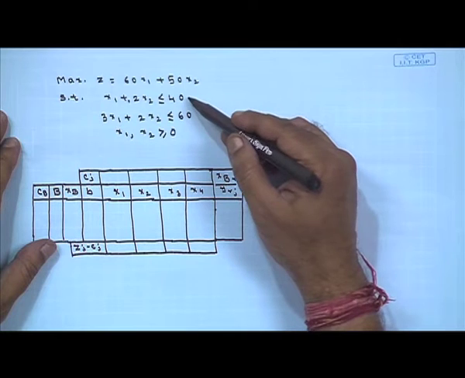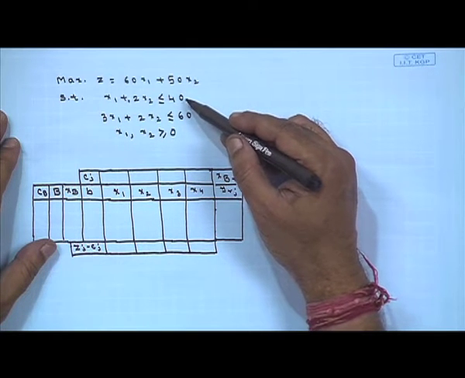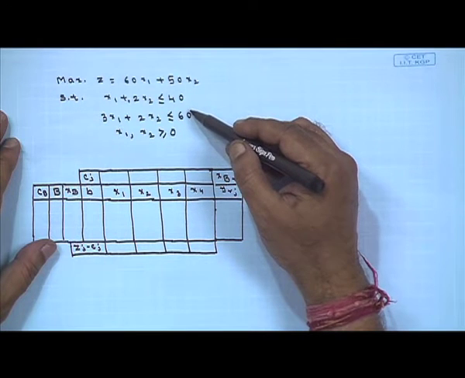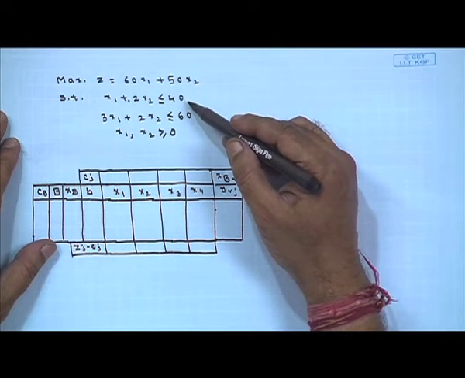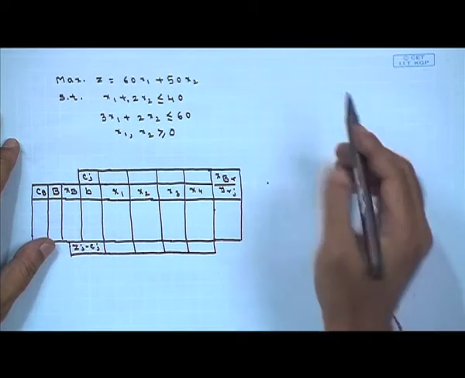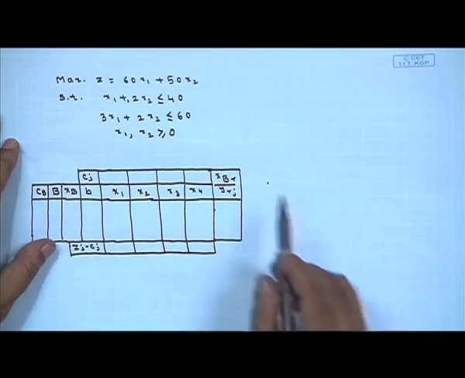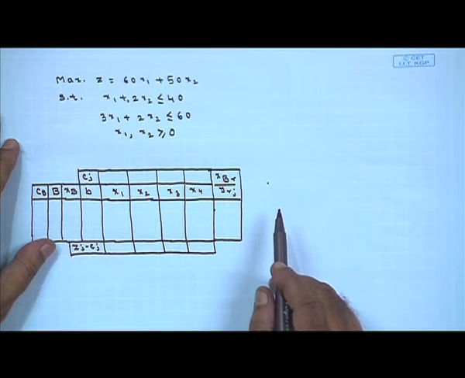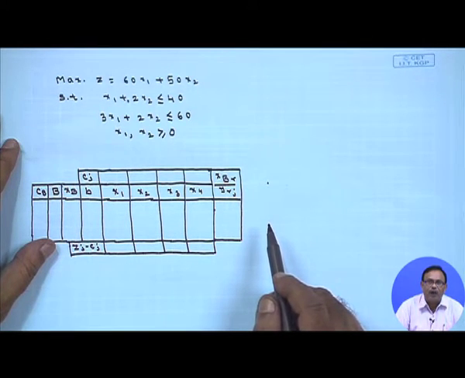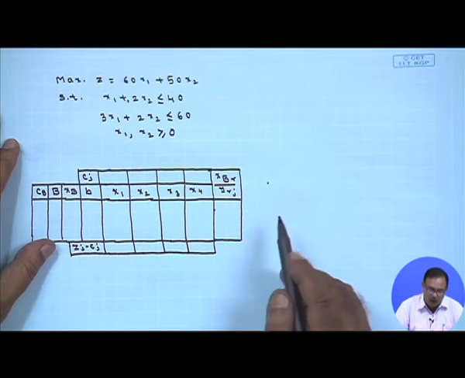Since I have 2 less-than-or-equal-to constraints, first I have to convert them into equality type, which I can do by using slack variables. We have told this earlier: whenever you have a less-than-or-equal-to equation, by adding a slack variable I can make it an equality.